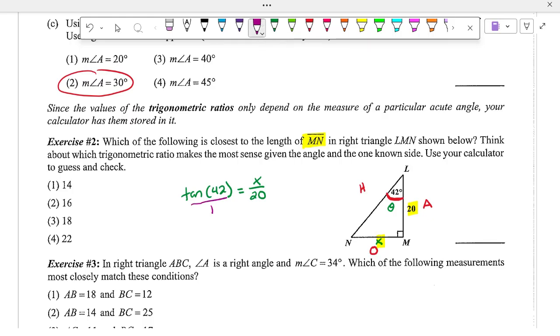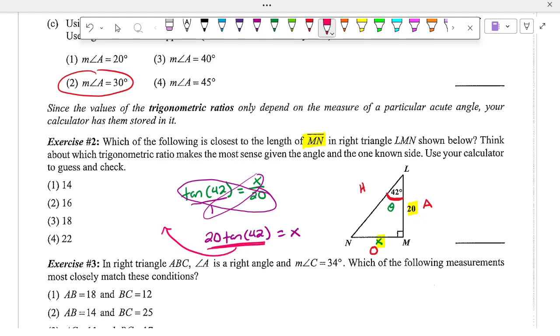So let's just cross multiply. If I cross multiply, I have 20 times tangent of 42. Never multiply a number to the number in the parentheses. You don't mess with the angle measure, ever. Is equal to X. So this right here is what I'm going to put in my calculator.